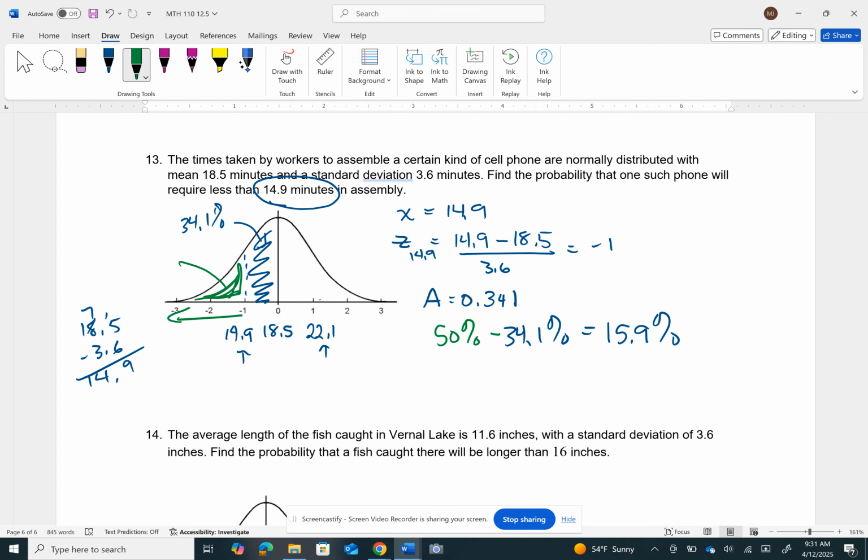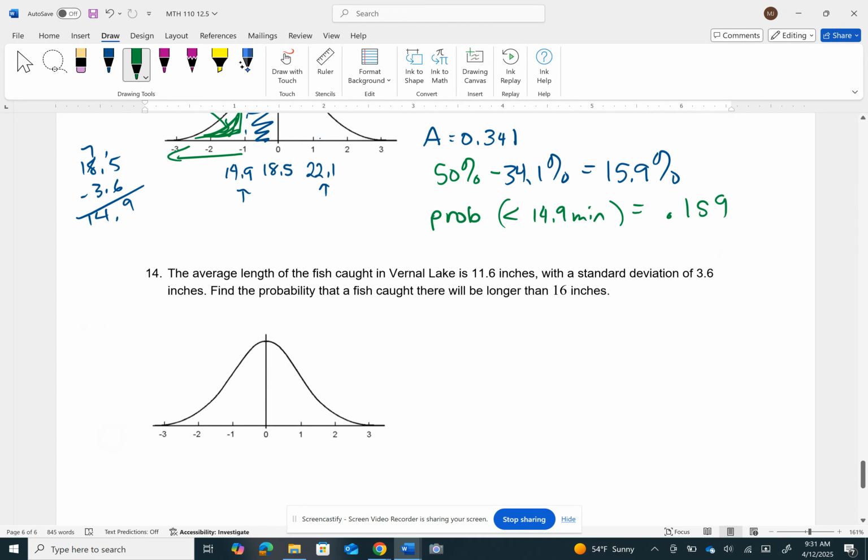So there'd be a 15.9% chance, the probability of requiring less than 14.9 minutes would be 0.159. If it said require more than that much time, then you would have added 50% to the 34.1.